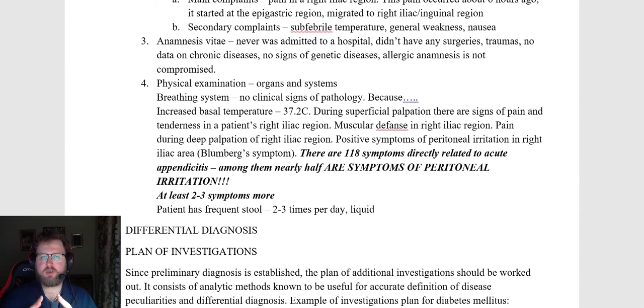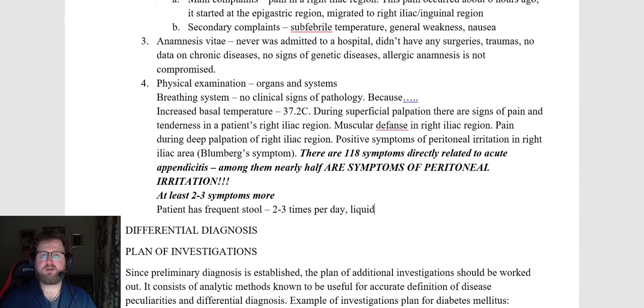It doesn't occur in a lot of patients, but if it is present, it means that some part of the small bowel or large bowel is in contact with the inflamed part of the appendix, or with the site of inflammation, and is secondarily irritated by this inflammatory site.